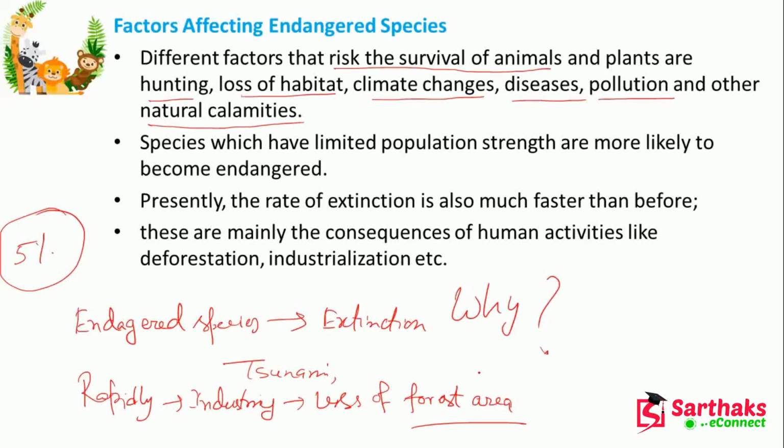How can we increase it? One simple way is you take over the forest, clear all the trees, and make an agricultural field there. This is one point. Another point is industrialization.